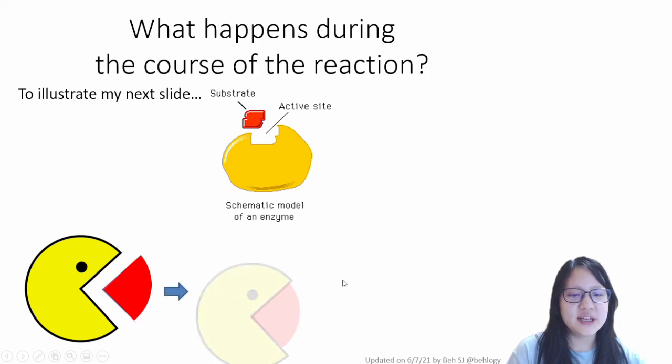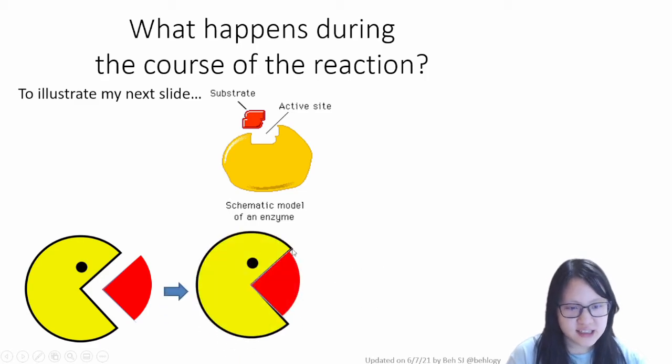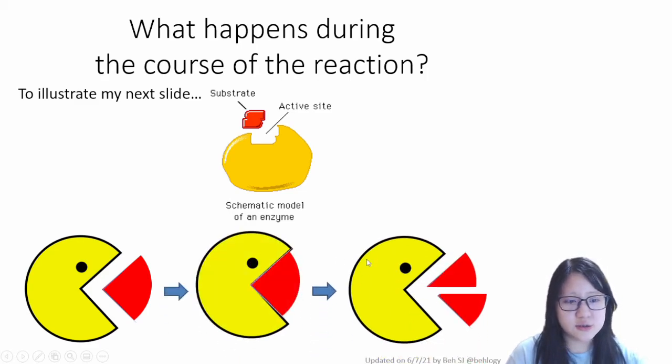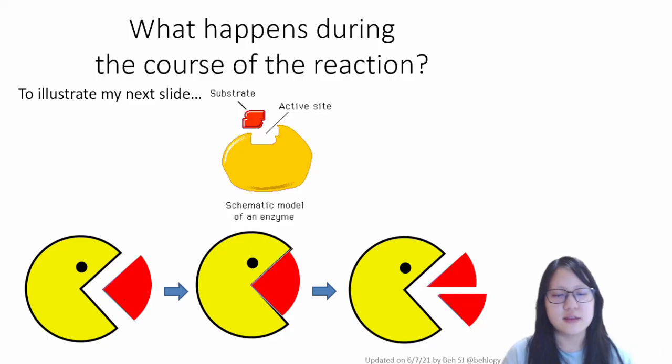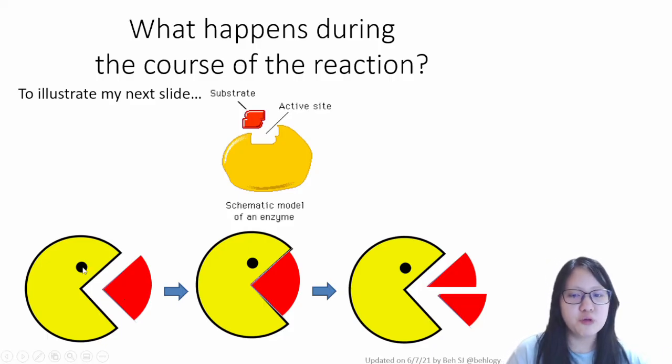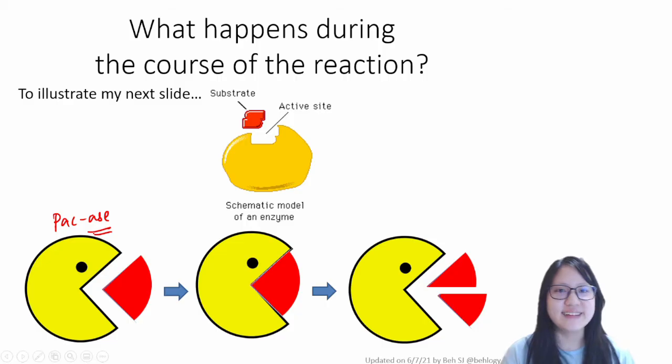And this pizza slice is supposed to show our substrate. And our half pizza slices are our products. Okay, this is just easier for me to draw in the slides. So yeah, this is my cute Pac-Man enzyme. Maybe let's call it Catalase, because you know, enzyme.